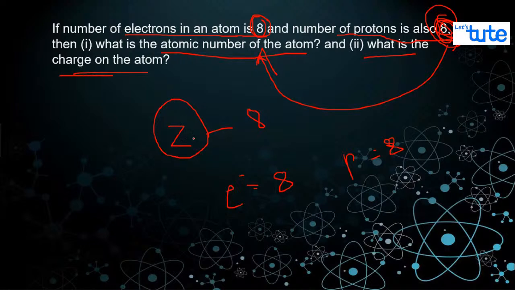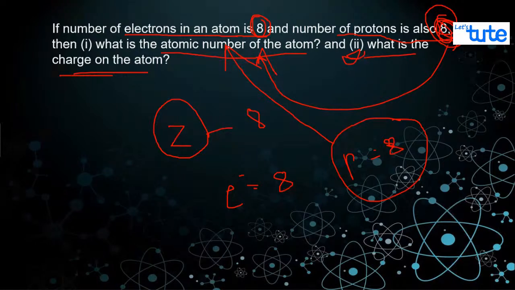So the atomic number is nothing but Z, and Z is nothing but the number of protons. So the number of protons is the atomic number of the particular element, or the particular atom. And the second question is, what is the charge on the atom? The charge on the atom is neutral. I hope you are getting the question very well.